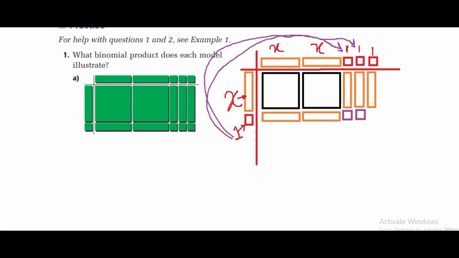The third and last multiplication, tiny square with tiny square, gives another tiny square. So here you get: this is x square, this is also x square, these rectangles are all x, and the big squares are x square, and these are 1 and 1.